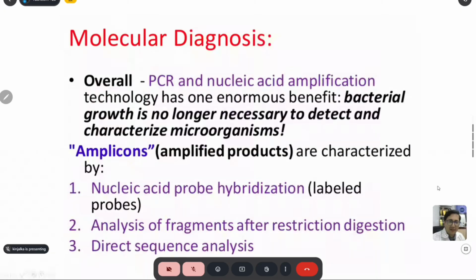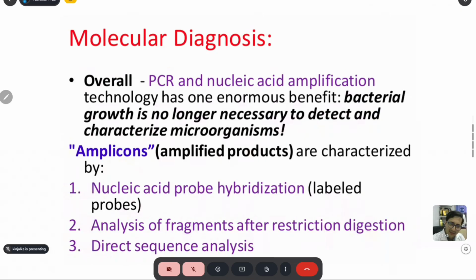So overall, PCR and nucleic acid amplification is probably the most important thing you have to know about. And this technology has changed the way molecular diagnosis is done. Depending on the situation and setup, different hospitals or labs would be using different kinds of PCR.